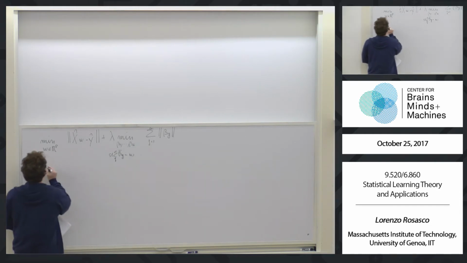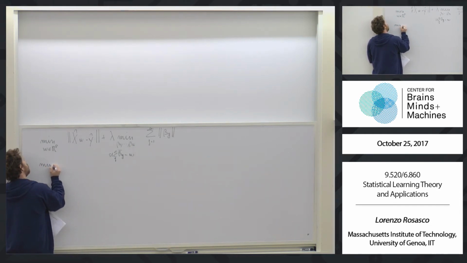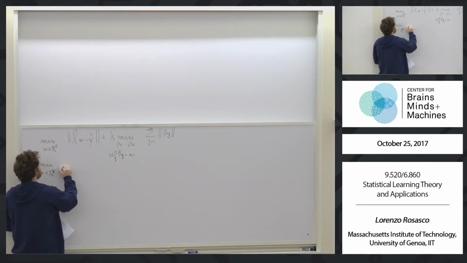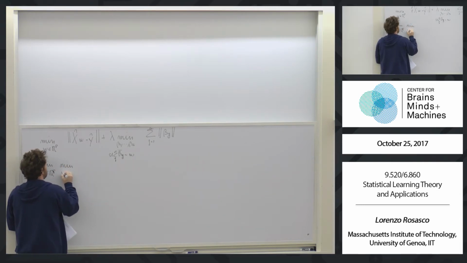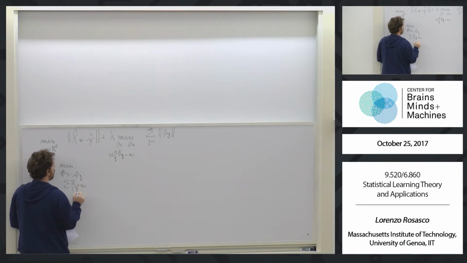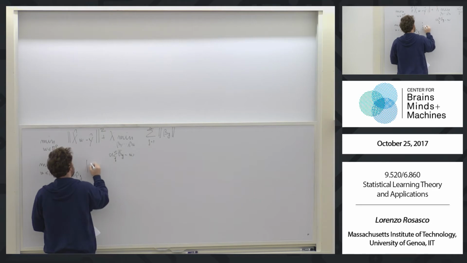So the first thing we want to do is basically say, okay, I'm going to do this. Then I have to write, sorry, there is a square here.